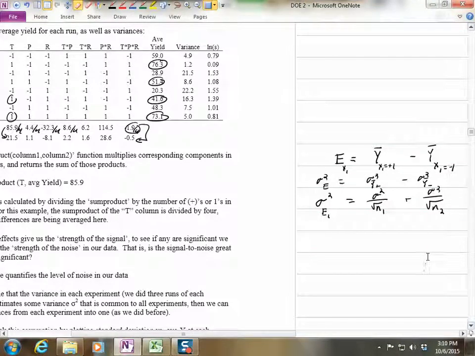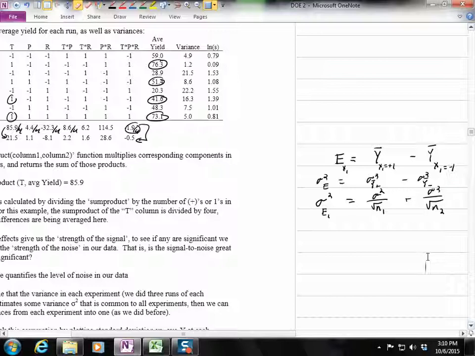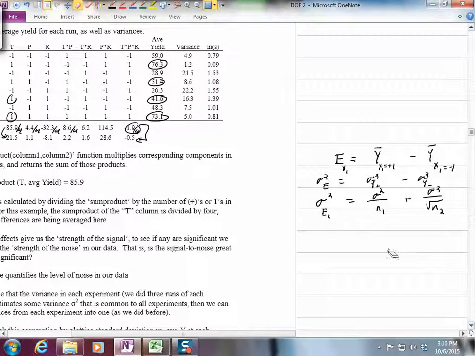And let's relate it to the noise of individual measurements. Remember the central limit theorem? So this would be sigma squared of the individual measurements divided by N1, the number of data points that went into this average, and N2, the number of data points that went into that average. And I got a square root sign in there.